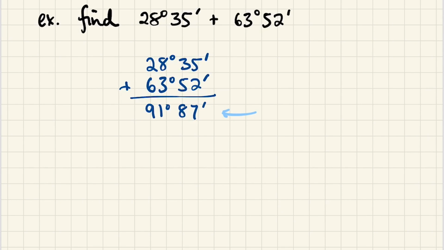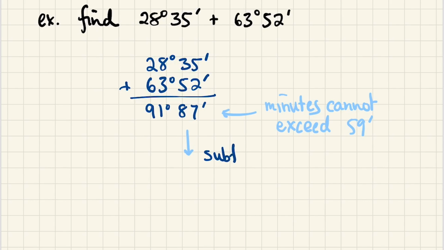However, the minutes cannot exceed 59. And if there were seconds, the same theory would apply. So to rectify this, we will subtract 60 minutes, and simultaneously, we're going to add 1 degree.